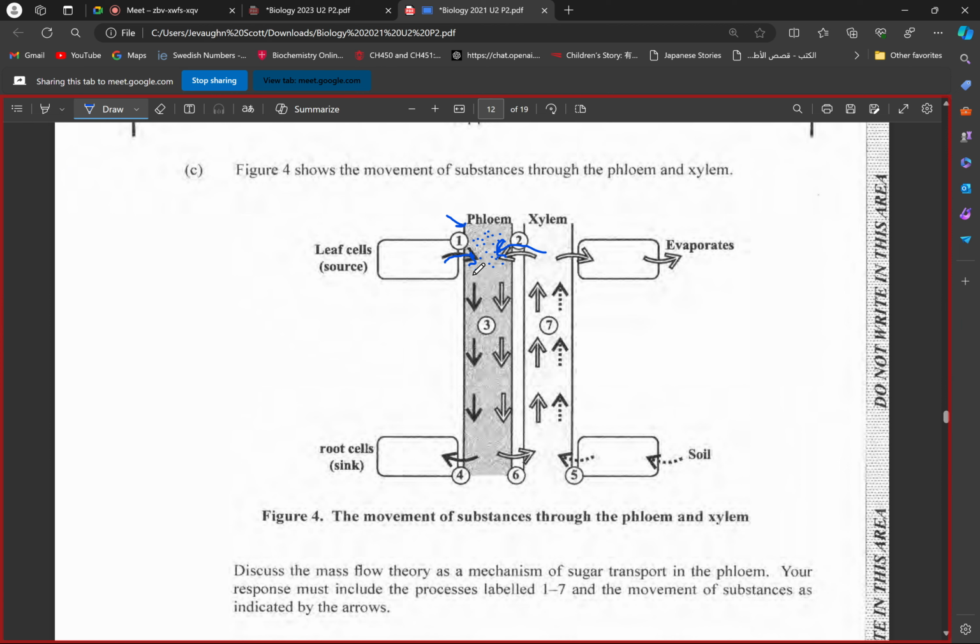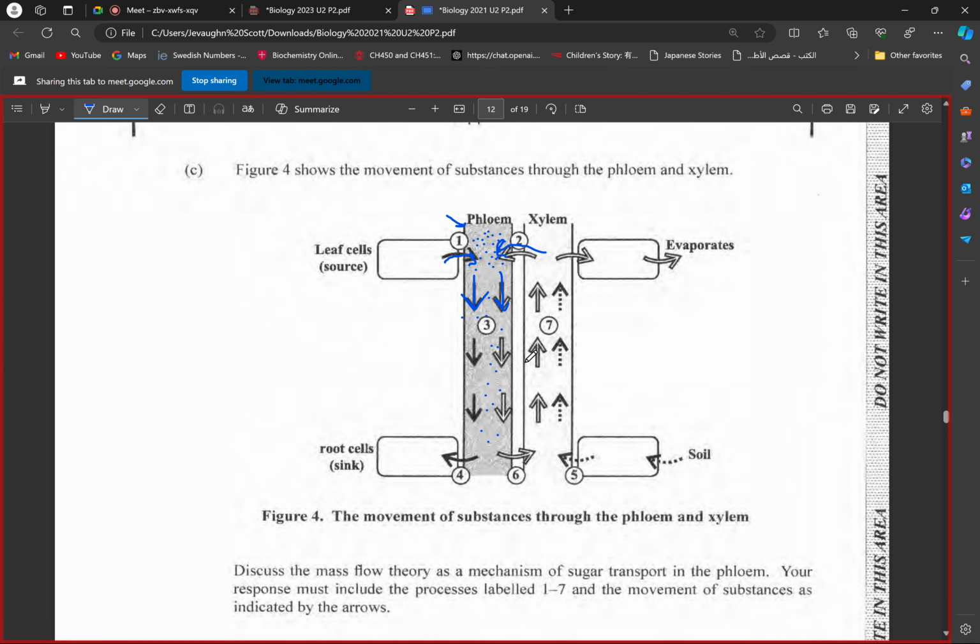So the sucrose is going to be moving. I'm putting a lot of dots there so I can see the sucrose molecules moving. And then here we're going to have the uptake, the active transport again. We're going to have the uptake here, into the source, which in this case is the root cells.